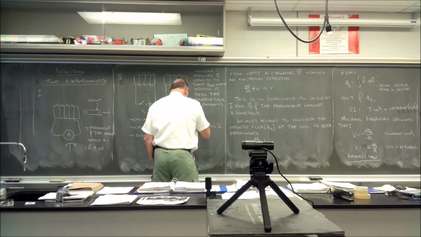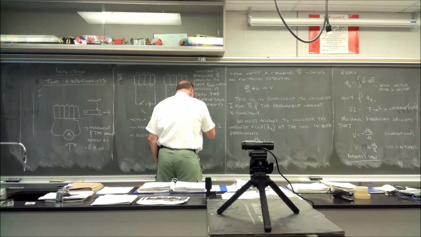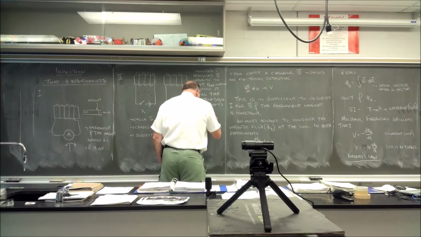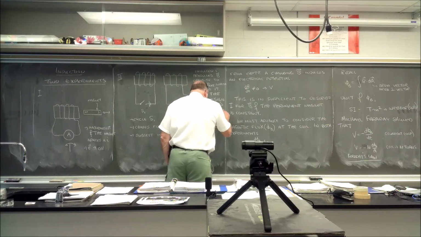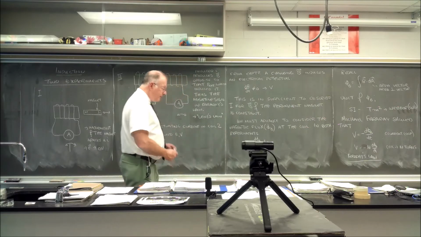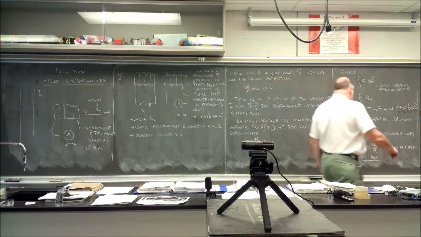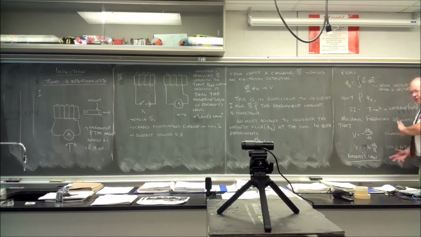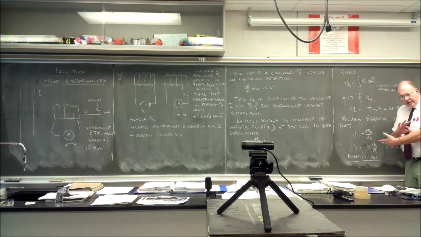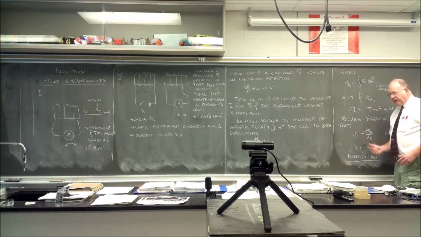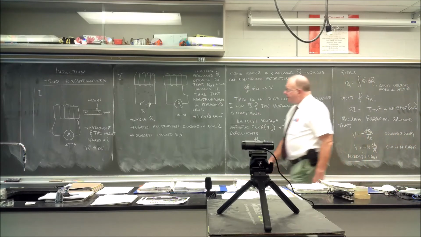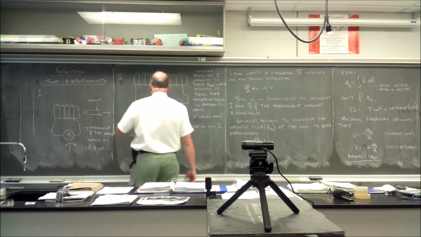And we call this negative sign Lenz's law. It's the only law I know of in physics which is simply a negative sign. So you have Faraday's law, which is the changing flux, but the orientation of that change, the orientation of the induction, is controlled by this negative sign.